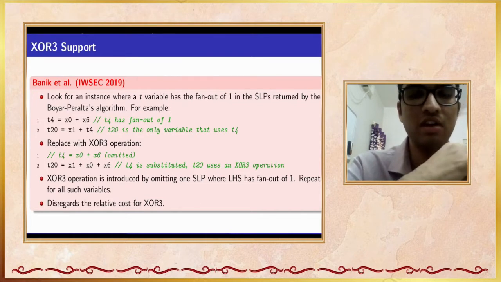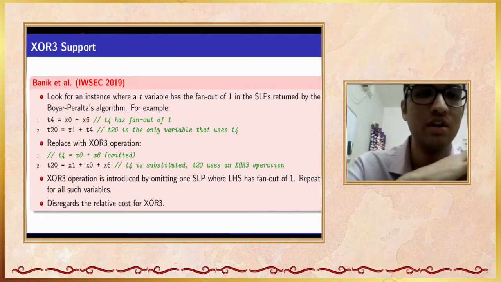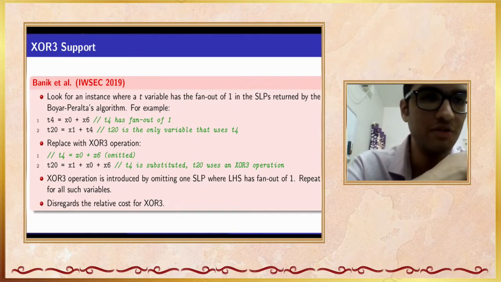Here a T variable is an intermediate variable in the SLP which is not the final output of the matrix, and a fan out of 1 means that this particular variable is used only in one other variable. So for example, if you consider the following snippet of the SLP, T4 is equal to X0 plus X6 and T20 is equal to X1 plus T4.